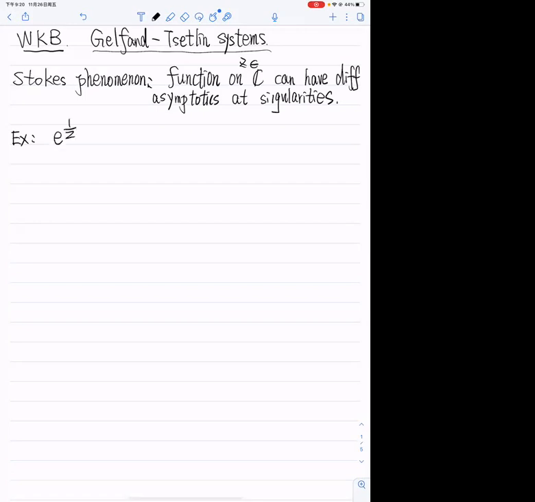So let's look at the function exponential of 1 over z. We know that this is an entire function, except that at z equals 0, it has an essential pole. If we look at what happens near this essential pole, for example, if we let the parameter z go to 0 from the left half plane, this function is exponentially decaying. But if we let the parameter go to 0 from the right half plane, it becomes an exponentially growing function.